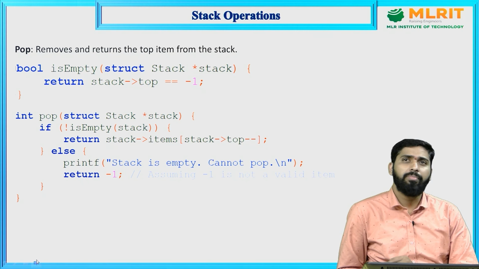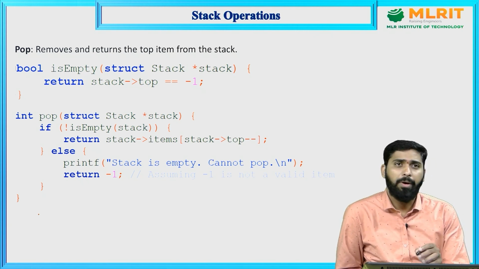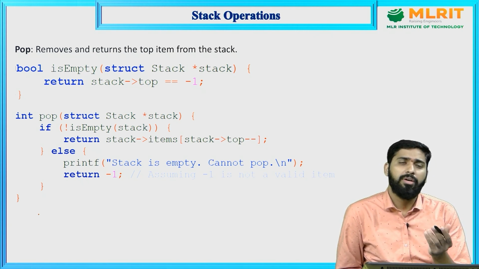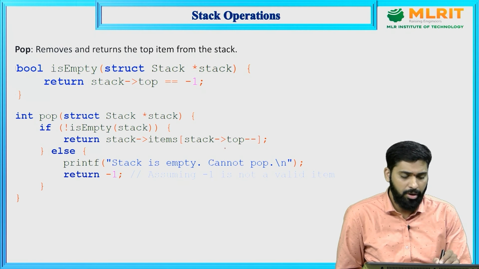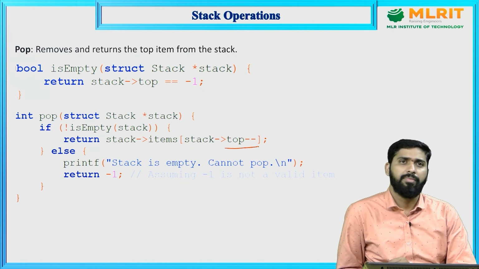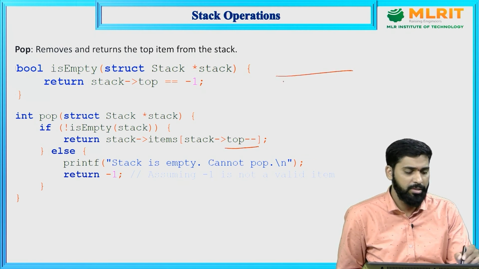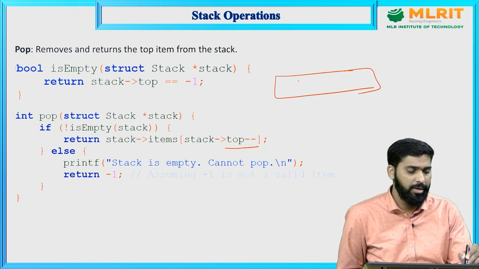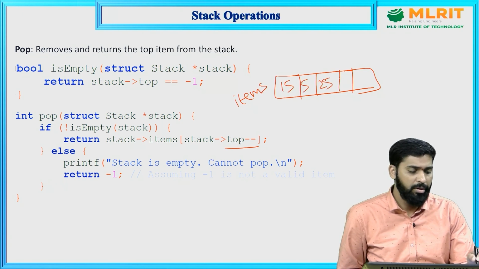Pop the element from the stack. For pop, how are we going to delete an element? By doing top minus minus. This is the example. Let us assume these are the items and the elements are 15, 5, 25, 35 and 45.